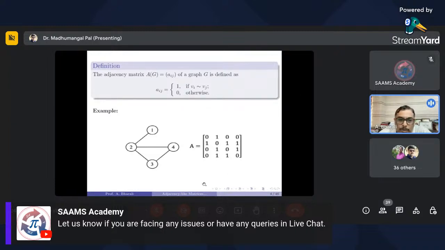So this is an example of a traditional adjacency matrix where we put 1 for an edge and 0 when there is no edge. And if there is some weight on the edge, instead of 1 we will put that particular weight.